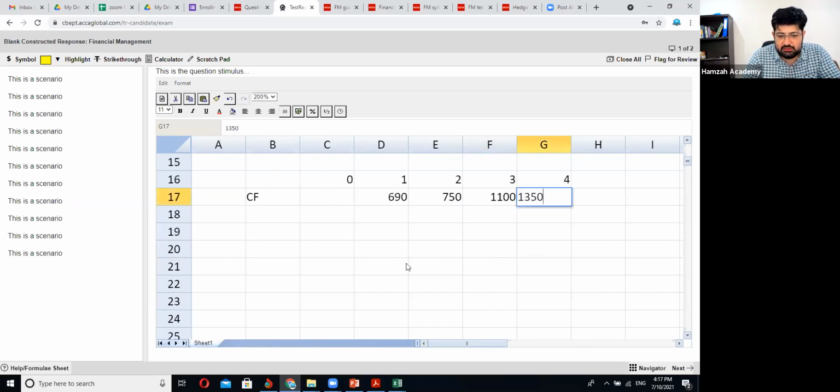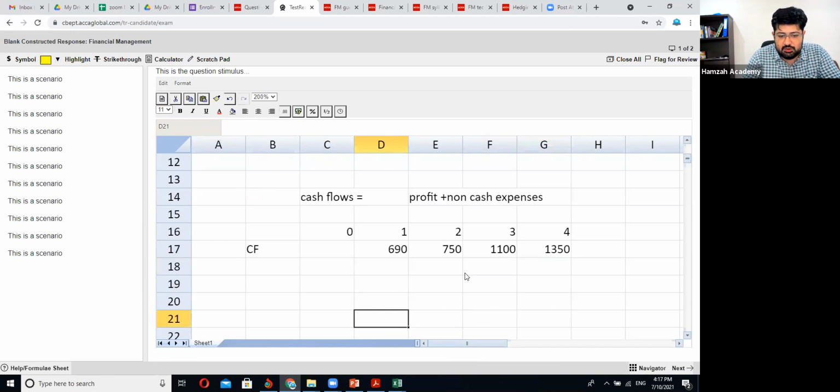These are the cash flows. For example, the initial investment in the project is 2200, and the scrap value is 100.